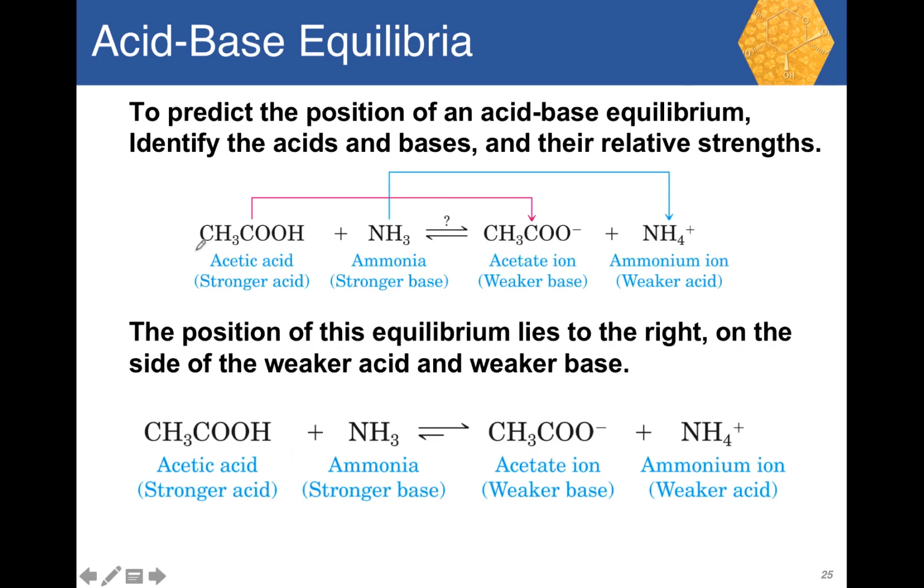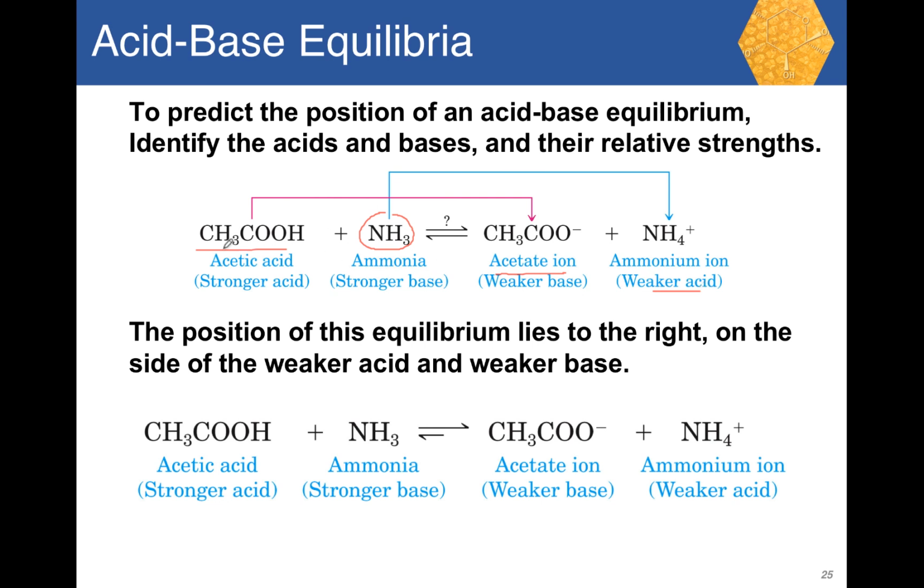So we have here acetic acid and its conjugate base. So that's called the conjugate acid-base pair. Next we have ammonia. We know that's the base. And this is the conjugate acid of ammonia.